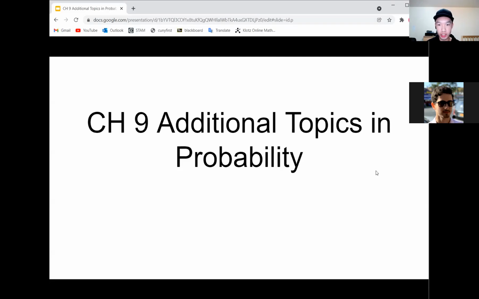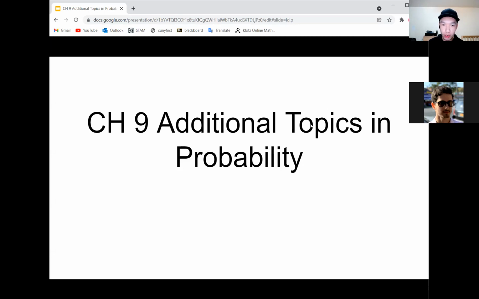This is titled Additional Topics of Probability. So everything that we're about to go through is what I would consider non-essential to probability theory, but it's good to know, especially if you plan on taking further courses like Stat 312.